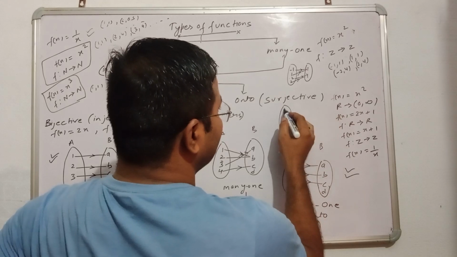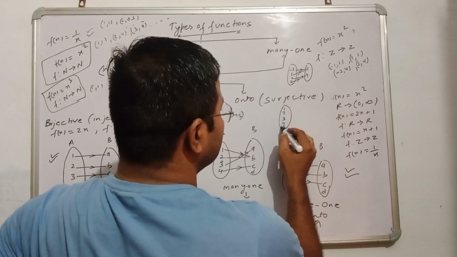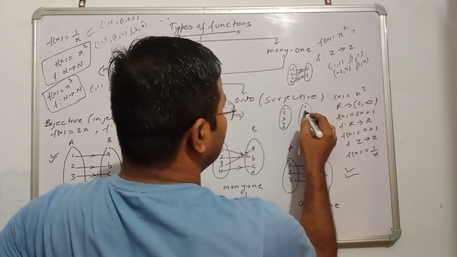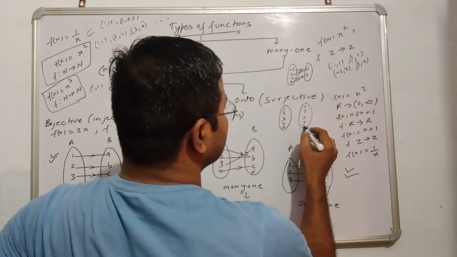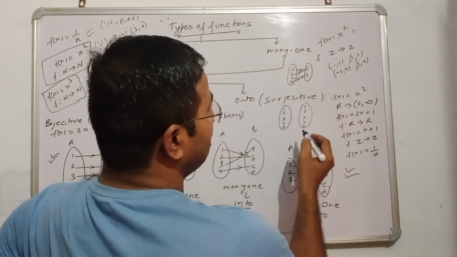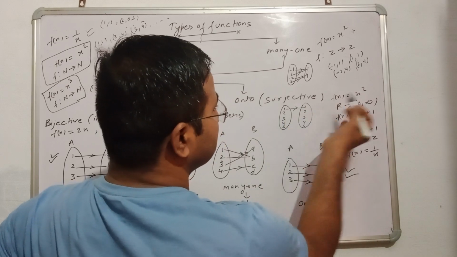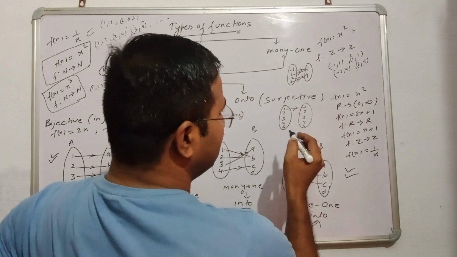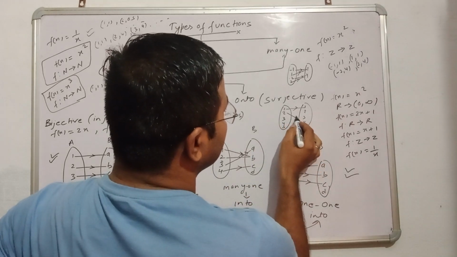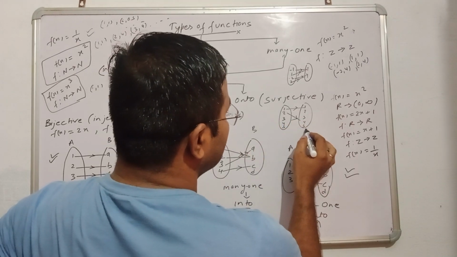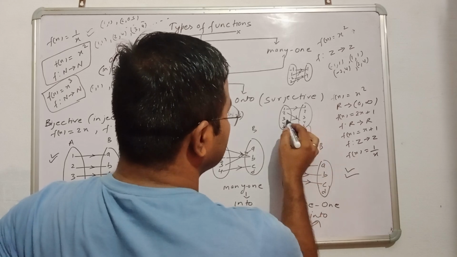Here also you have to take 1, 2, 3, 4, 5, 6. Here also you have to write 1, 2, 3, 4, 5, 6. See here, at 1 you will get 1, at 2 you will get 4, at 3 you will get 9. Suppose here 9 is written.